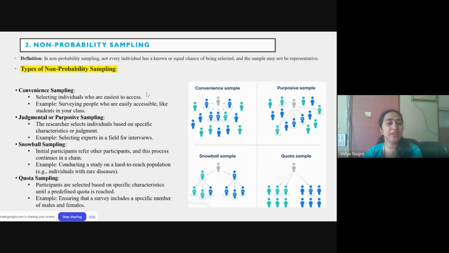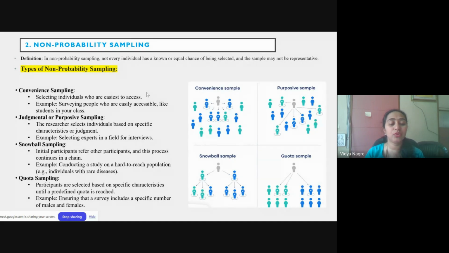And sampling is very much required in research, especially if you want to publish your papers in Scopus. They prefer studies which have undergone sampling methodology, research methodology, because these samples are representative of larger application results altogether.